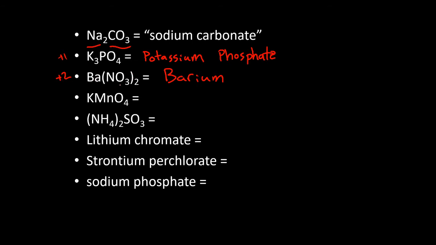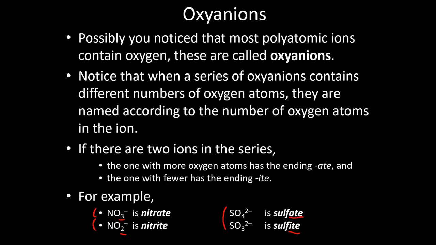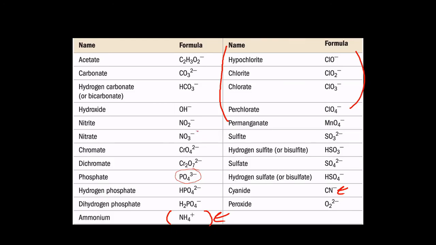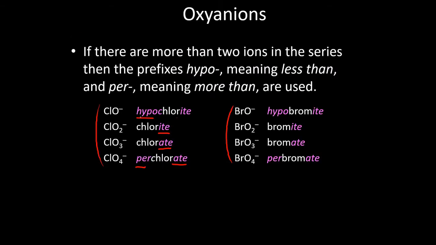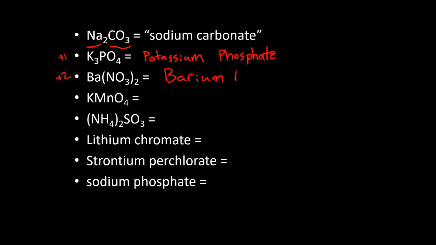I have 2 of these ions, which means each of them must be -1 for the overall charge to end up being 0. If I go to the table, NO3- is nitrate. So this is barium nitrate.